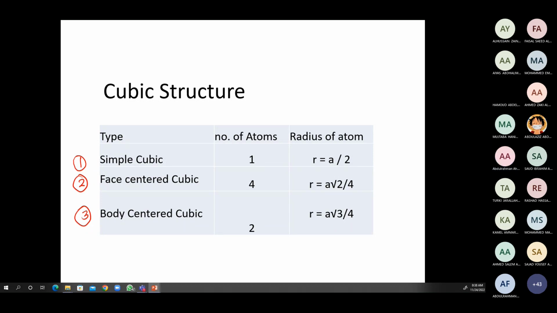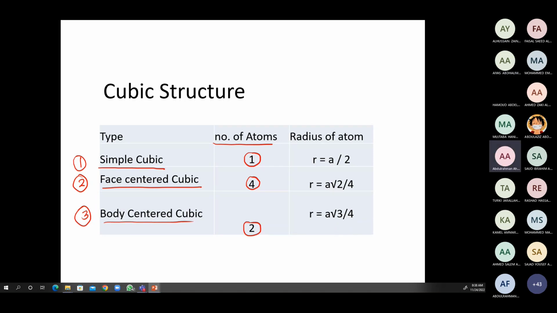Okay. In the simple cubic, how many atoms are there in the cube? 1. In the face-centered cubic? 4. In the body-centered cubic? 2.